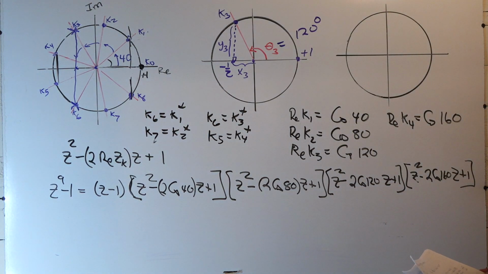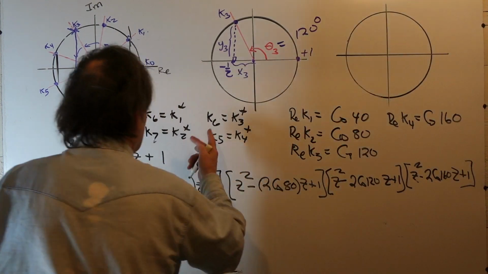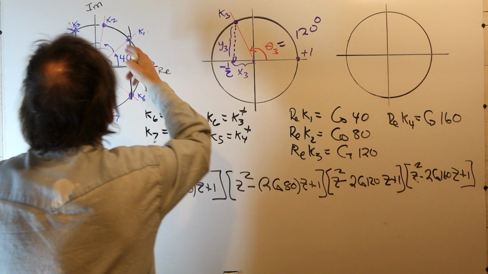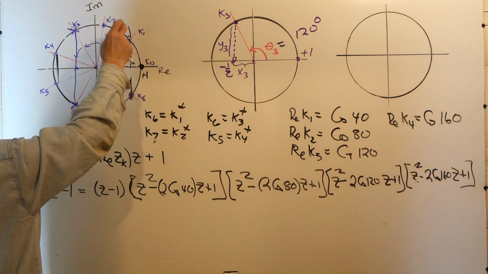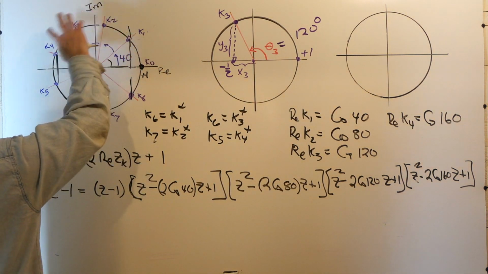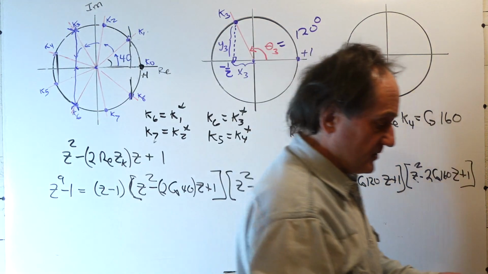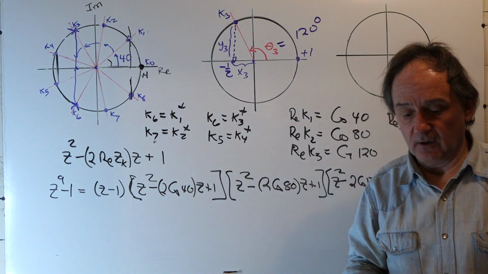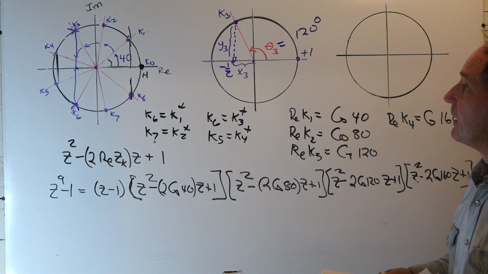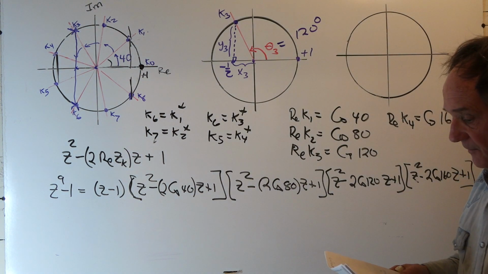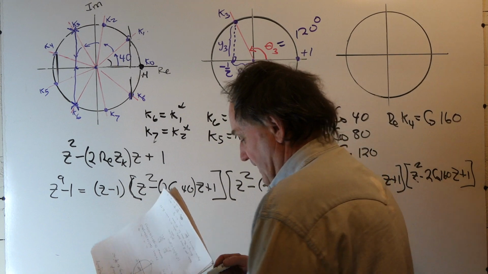So we can easily write down our quadratic factors just by knowing the real parts of the particular roots, and we only have to find 4 of the roots because of the complex conjugate pair nature of the way that the roots appear on the unit circle.